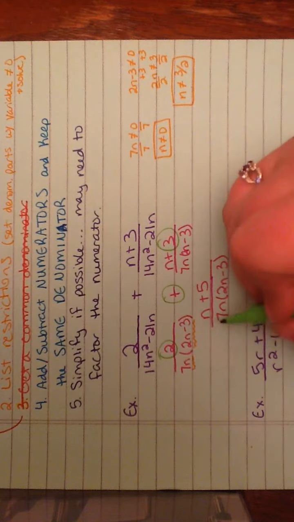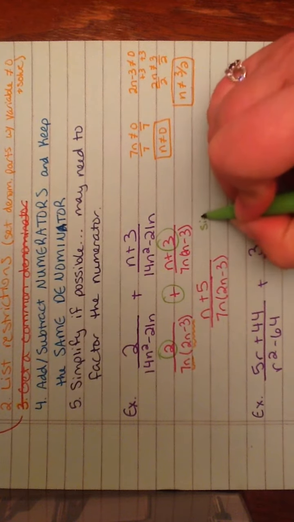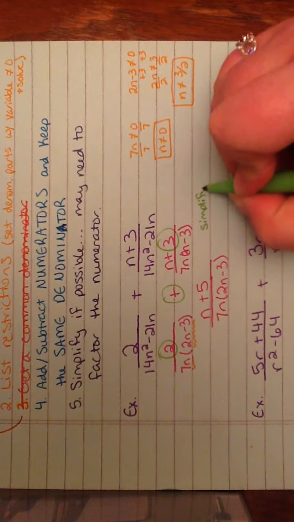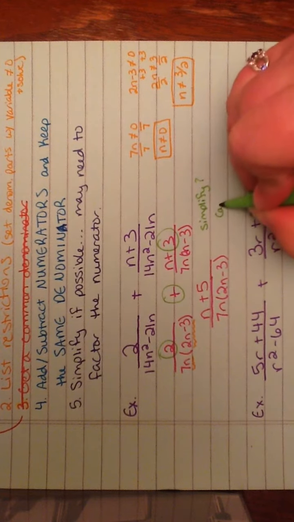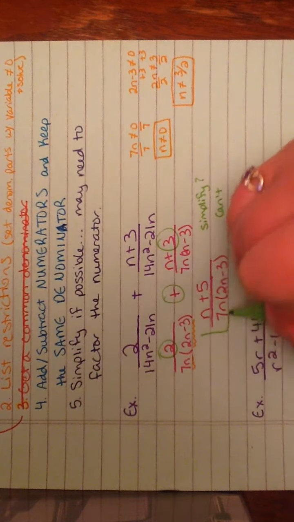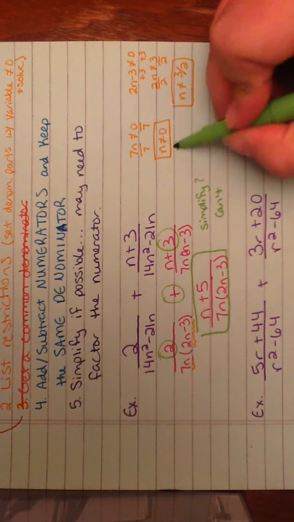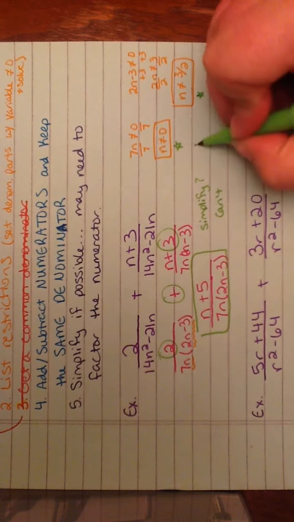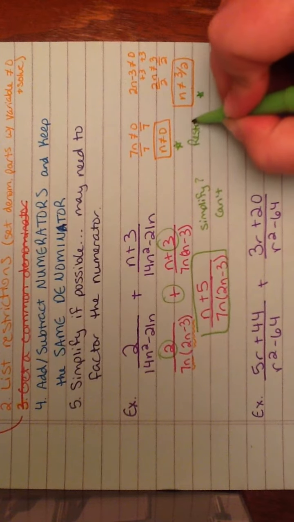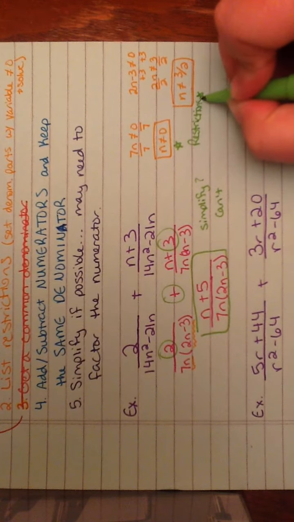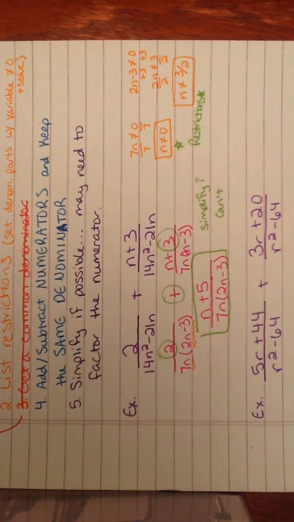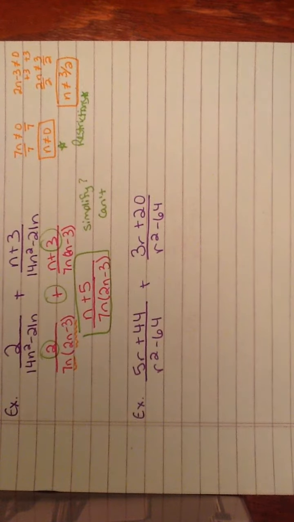And since I cannot, then this is finished. So this is my final answer, along with these restrictions. You have to make sure you always have your restrictions. Okay, that one's done. Let's move on to a slightly more challenging one.